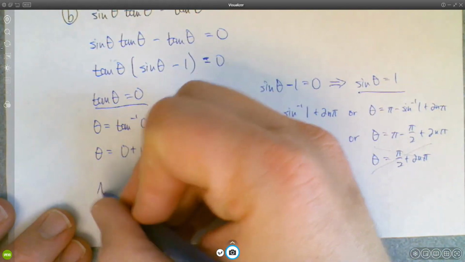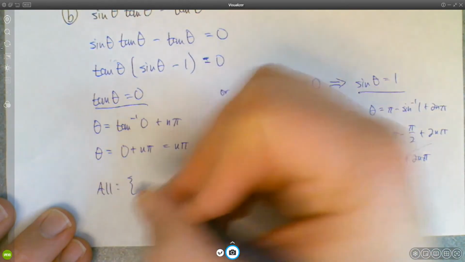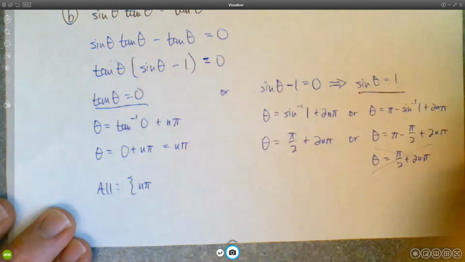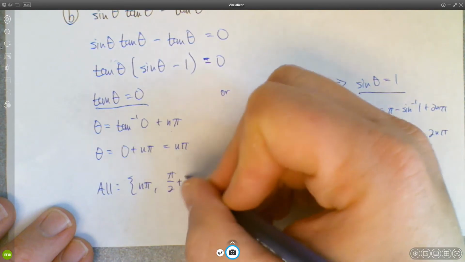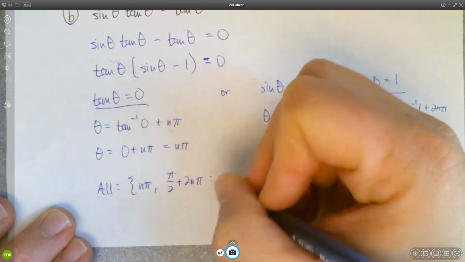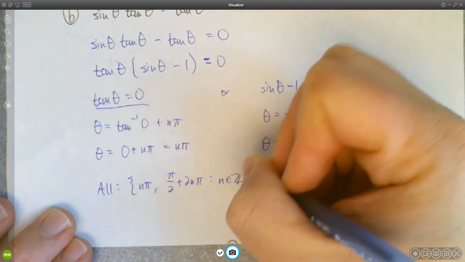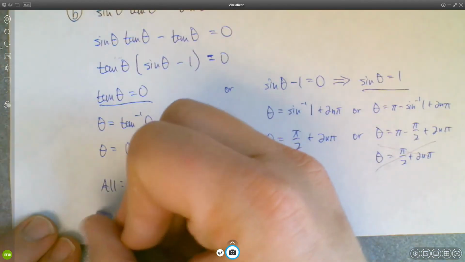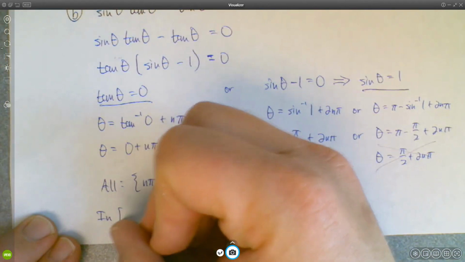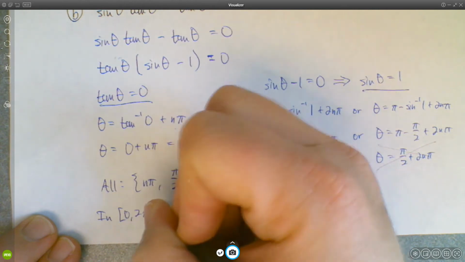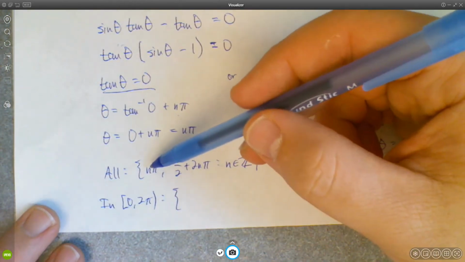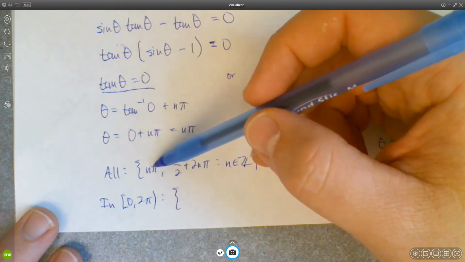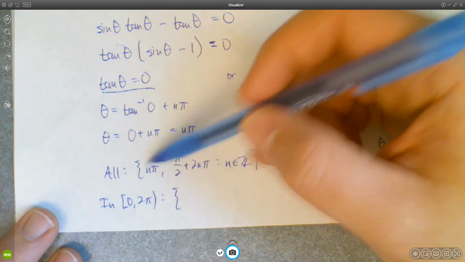So if I want to list off all of my solutions, it would be any angle of the form n pi or any angle of the form pi over 2 plus 2n pi, where n is an integer. Okay, and then if I want to list off the ones that live between 0 and 2 pi, well, if I plug in -1 for n, here I'm going to get negative pi.